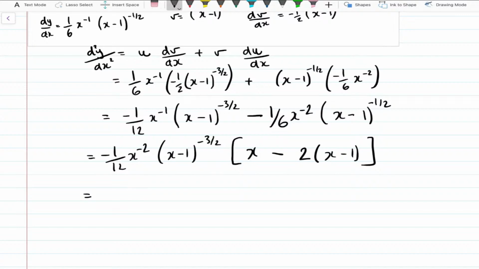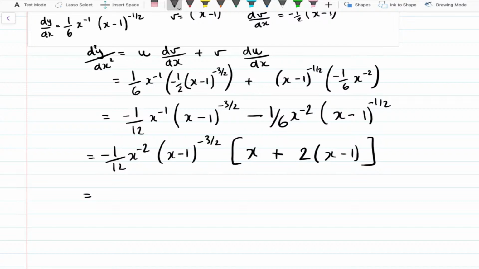So let's just deal with this first. I need to be careful here. So I've taken out a minus from this, so it needs to be positive too.